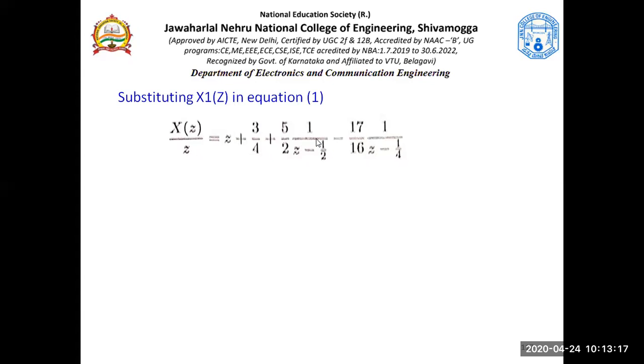So z/(z-1/2) we are aware of, z/(z-4) we are aware of, but we are not aware of terms like 1/(z-4), 1/(z-1/2). You understand that point? So for that purpose we need to store it. So the stored z is sent onto the right hand side.